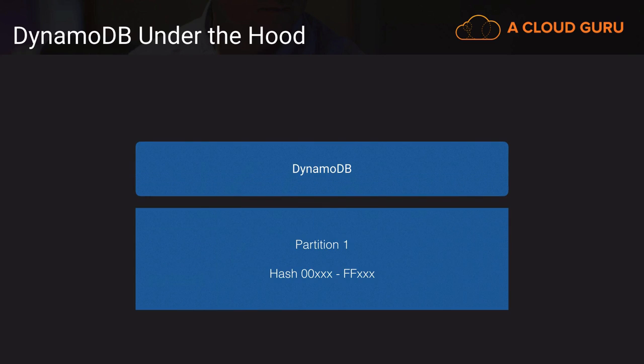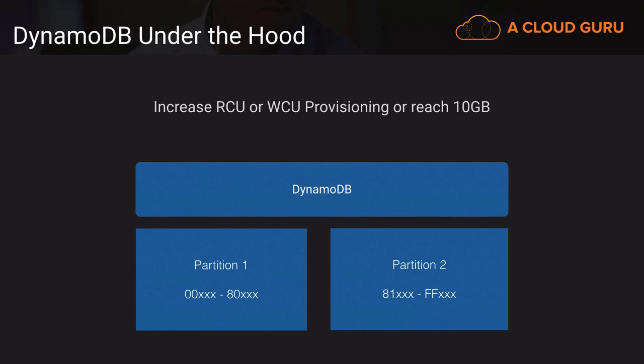So let's look at how DynamoDB actually decides how to land hashes on the different partitions. Now, as you remember, when we talk about the partition key, it doesn't get stored as the text value that you pass in. It gets translated into a hash value. So if we have one partition, all the data is going to land on that same partition. So there's really not much we can do from a spreading the load around standpoint. Now, if we increase our read capacity or write capacity, or we reach that 10 gigabyte cutover, now we have maybe 2 partitions.